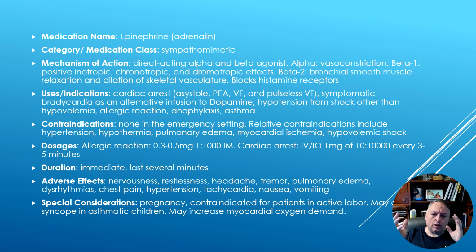So if the heart rate's a little low, the pressure's a little low, and we want to get that up quickly, we will use 10 to 20 mics of epi pushes every 5 minutes or so, or however long you need, but you would titrate it to your effect, and it just kind of gives that sympathetic nervous system a little bump to kick up that heart rate, a positive inotropic effect, positive chronotropic effect, and it also causes that vasoconstriction that we're looking for.